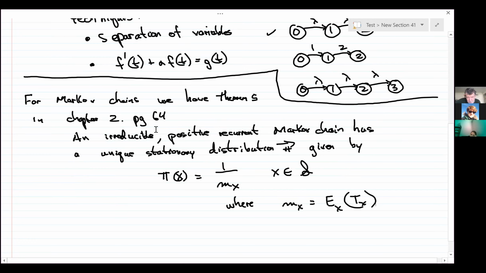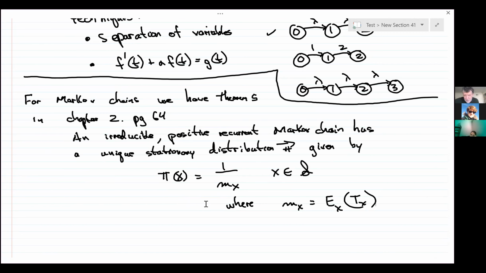And this is telling us if we're irreducible, so all states communicate with each other, and positive recurrent, so no states are ones where it took an infinite time to get back to itself for the first time, then we can be assured that there's a unique stationary distribution that's given by this. And then there's conditions later, theorem 7, that told us when it was actually steady state. But at this point, I just want to fix on stationary.